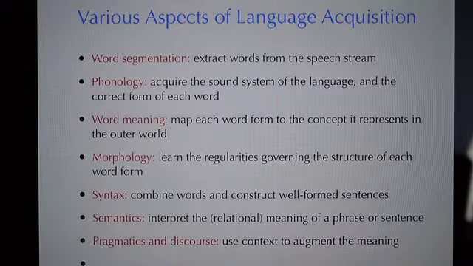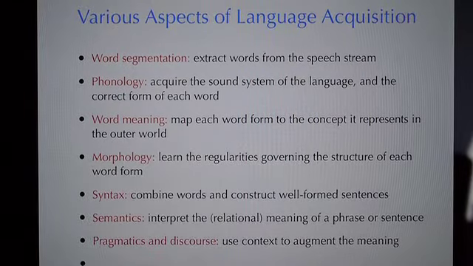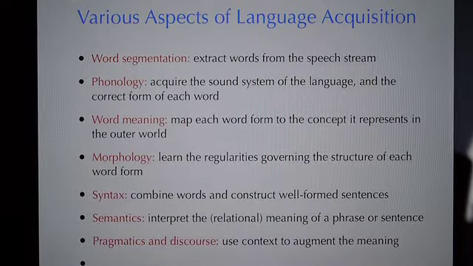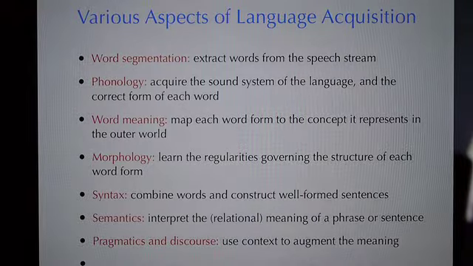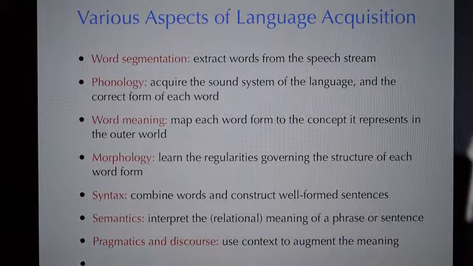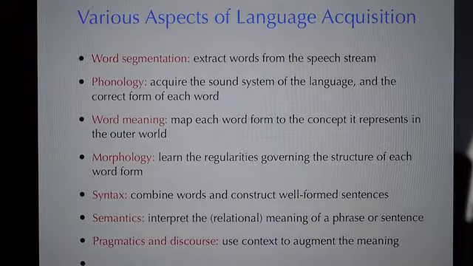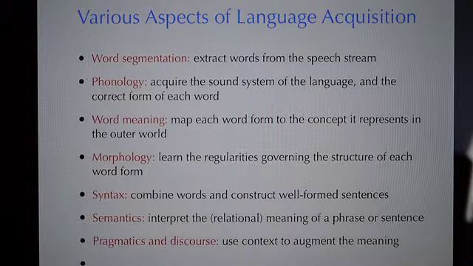Now, language is a very complicated system, and typically linguists, in order to be able to tackle its complexity, have divided language into different domains. For example, segmentation of words, or phonology, or learning word meaning, or morphology, syntax, semantics, pragmatics, and so on and so forth.